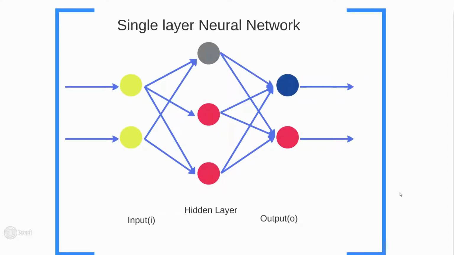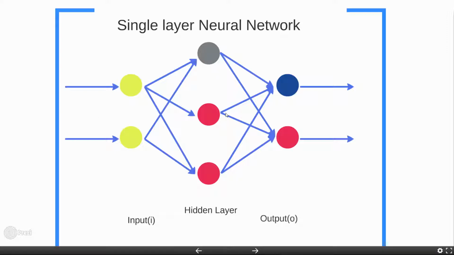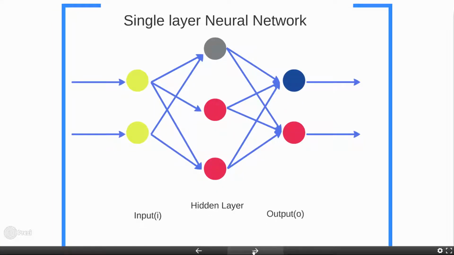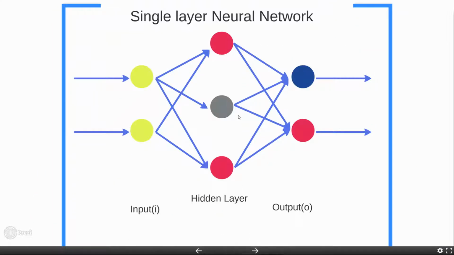In this example, you feed it an image, but this time neuron number 2 fires, neuron number 3 fires, and then this makes the second output fire, so that makes it a number. So it does not mean that if the first and the second neuron fire, then this will make the first output fire, and if the second and the third neuron fire, this will make the second output fire. It doesn't work like that. In the next example, we see that the first neuron fires and the third neuron fires, but it still makes the second output fire.